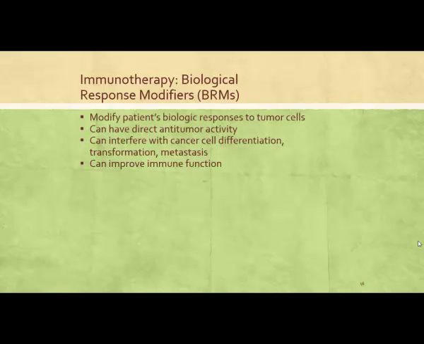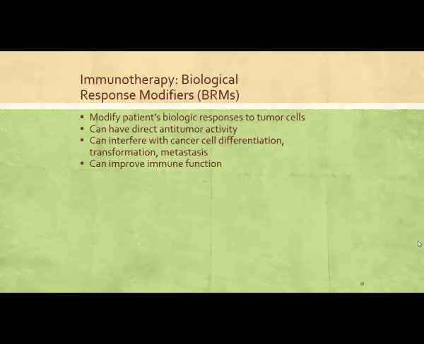The biological response modifiers, when we think about them, they work with the patient's cytokines. So they work with interferon, the interleukins, tumor necrosis factors, and colony stimulating factors to help boost our patient's immune response. So when you go back to inflammation and you think about the interleukins, those help regulate inflammation and immunity.